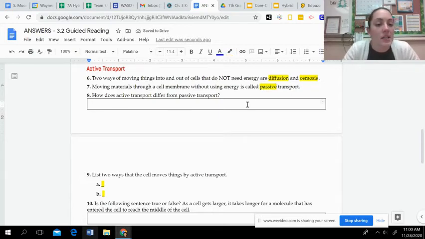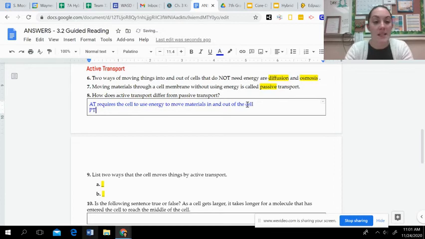So your next question is, how does active transport differ from passive transport? Essentially, active transport, or I'm just going to say AT, requires the cell to use energy to move materials in and out of the cell, whereas passive transport, or PT, does not require energy, and the materials move in and out, we'll say freely.